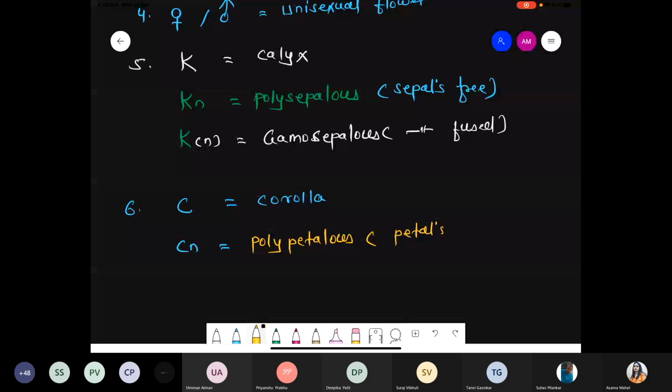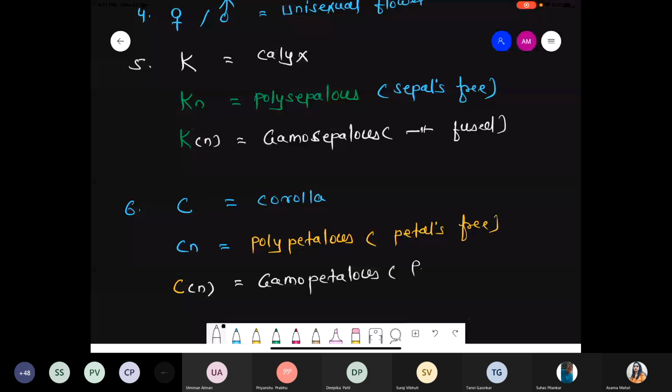If you use capital C and N inside the bracket, it represents the fusion, and for the fusion we use the word gamopetalous. That is, all the petals are present in a fused form.